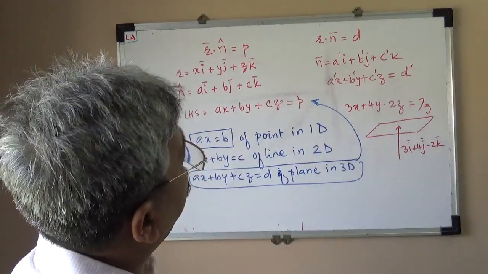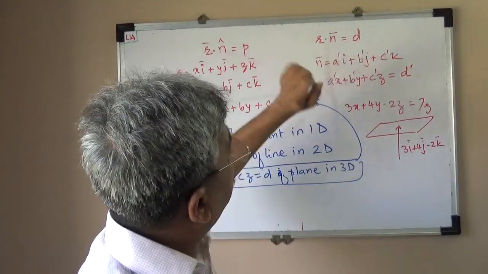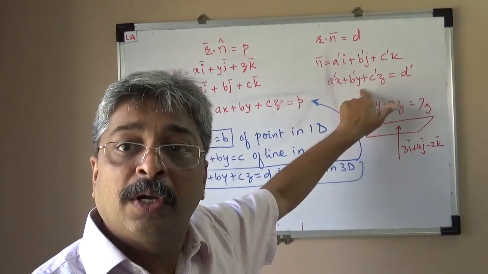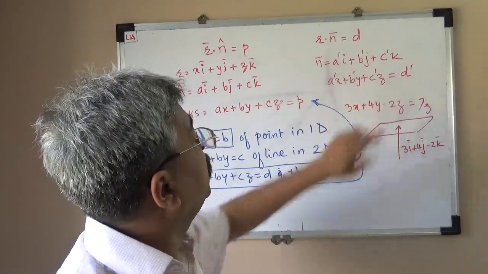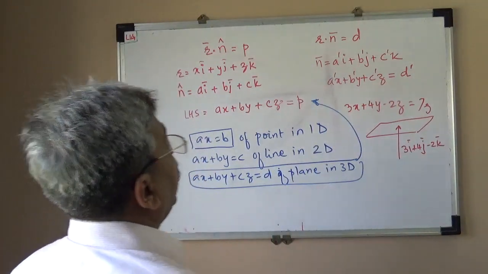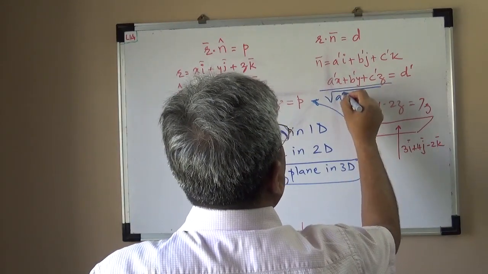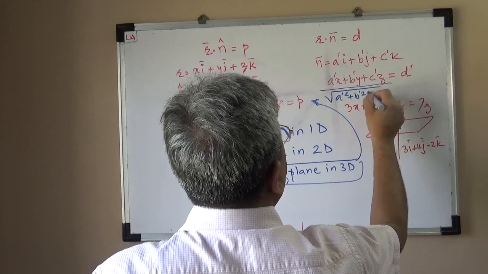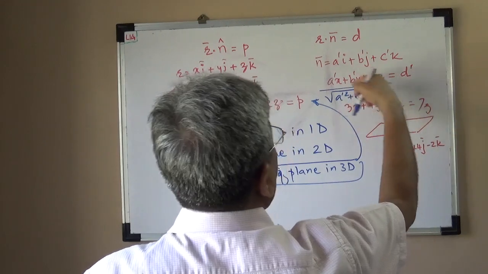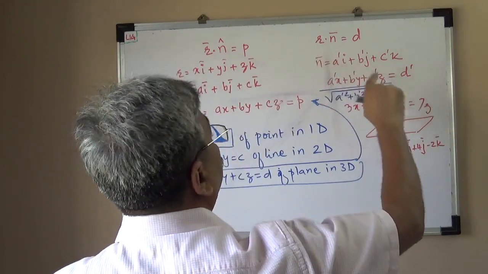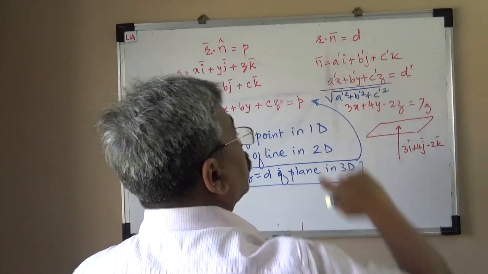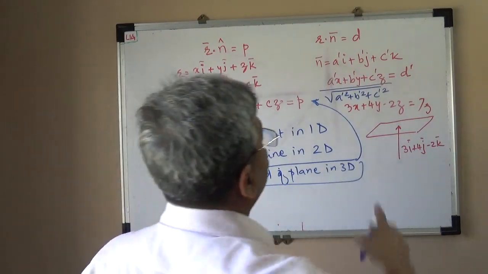And now this is general. If we want to find out the distance of this plane from origin, we might as well divide everything by radical a dash square plus b dash square plus c dash square to make every coefficient equal to the cosine of that angle, the direction cosine.